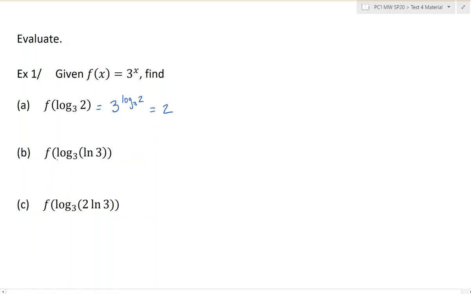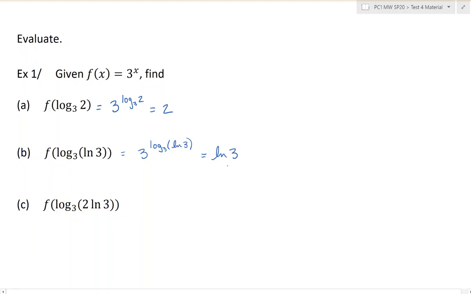And here we have f of log base 3 of natural log of 3. So this is 3 to the x, but my new x is log base 3 of natural log of 3. Again we have the same base here, so the answer is going to be the argument of our exponent there.